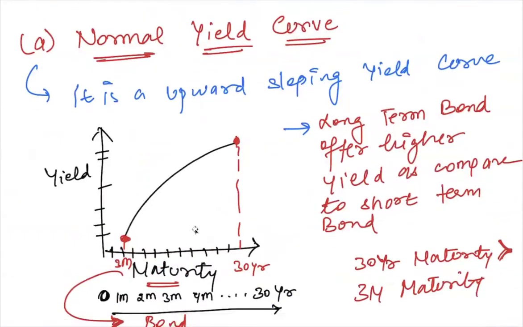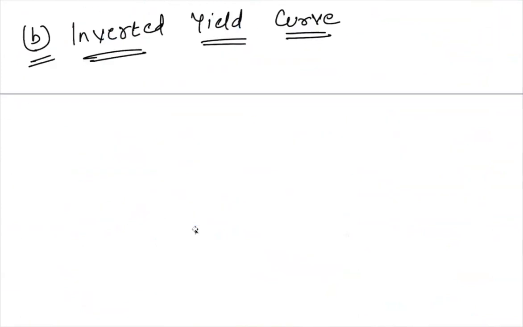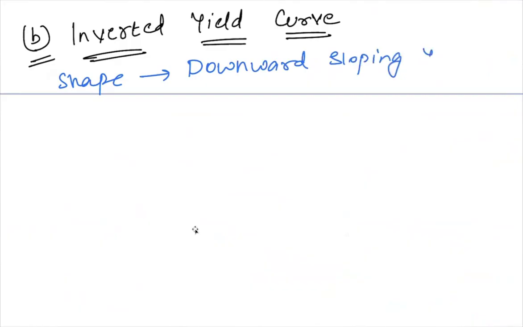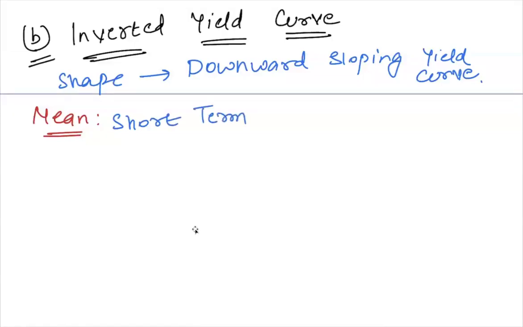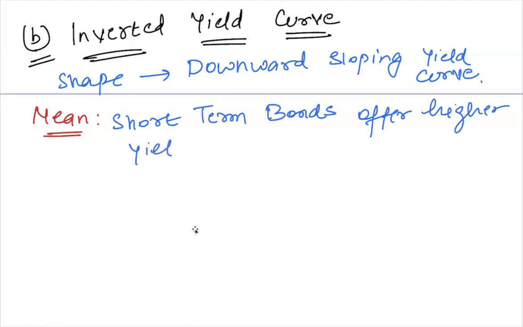If I'm inverting it, the shape that I'll get is a downward sloping yield curve. So the shape of an inverted yield curve is nothing but a downward sloping yield curve. It basically means that short-term bonds offer higher yield than the long-term bonds.